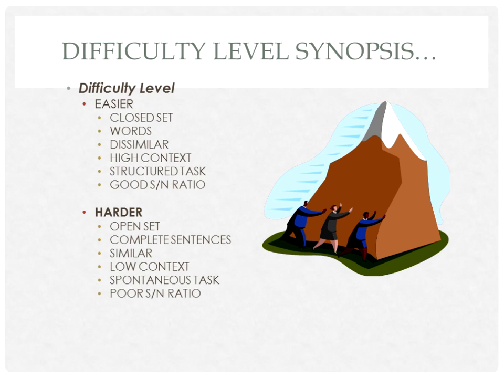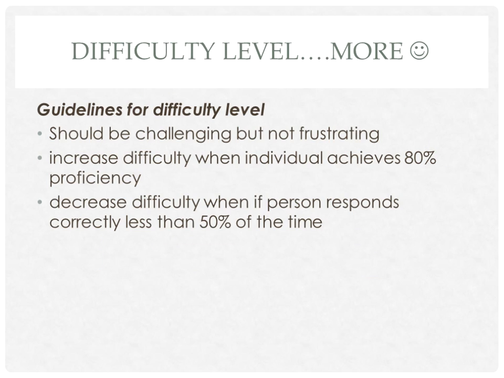But you could make it harder by moving from a closed set to an open set, and that could be an objective. Moving from words to sentences, that could be another objective. Moving from dissimilar stimuli to similar stimuli. So with each of these levels of difficulty, you've got another objective under a larger goal.